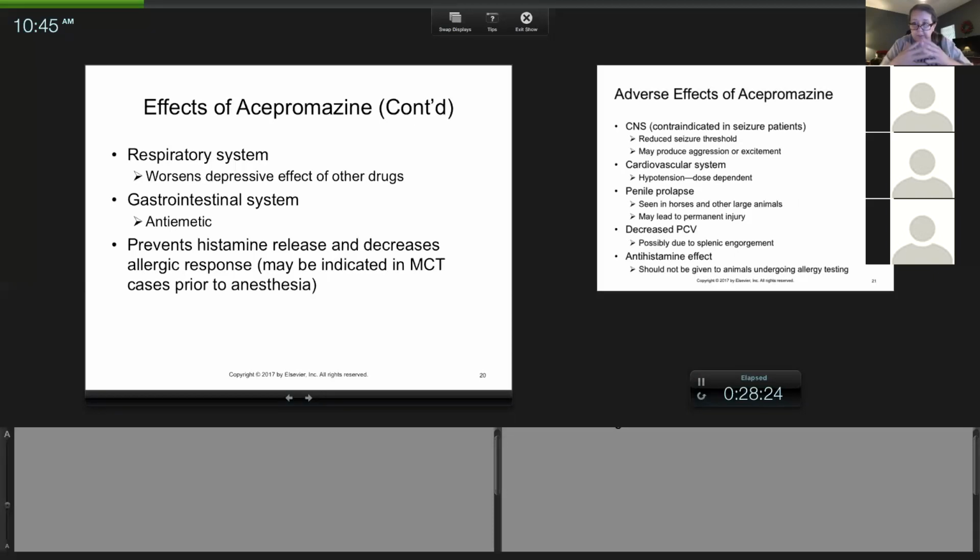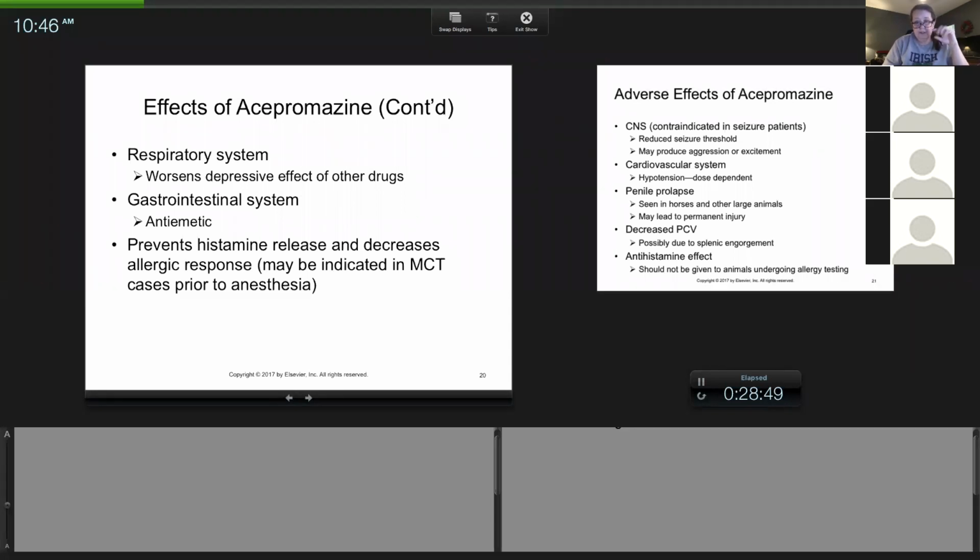It's kind of like when spices work together. You give this spice with this spice because you can use lower doses, but they work together to enhance the flavor. When I give ACE and butorphanol together, they work synergistically and they enhance, but they can enhance some of the depression.